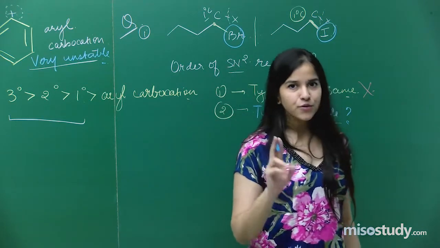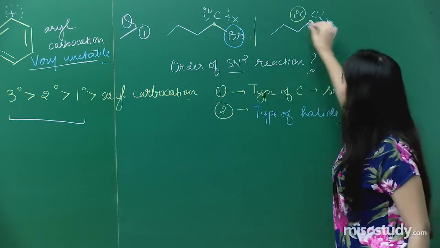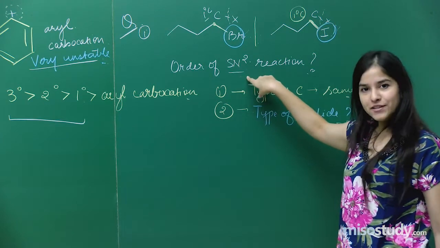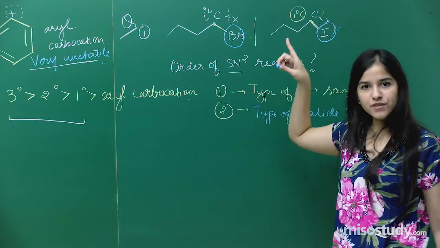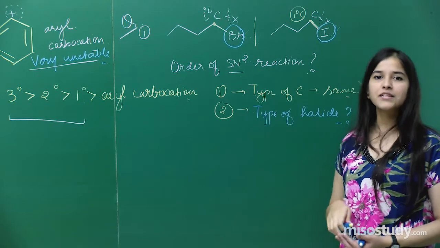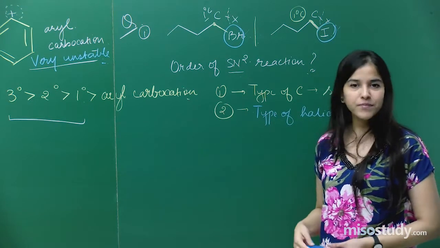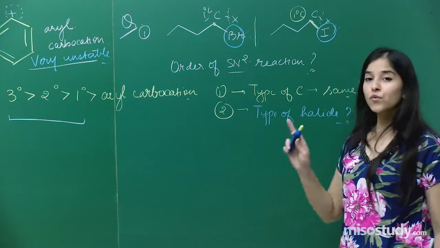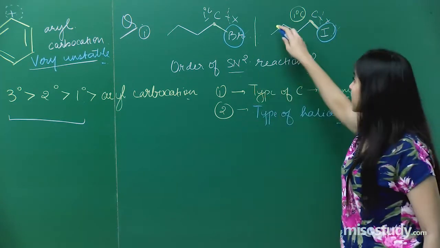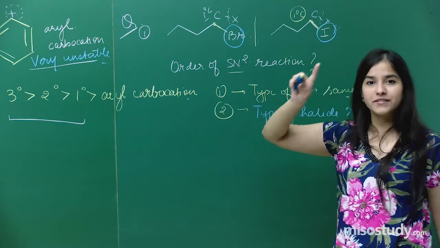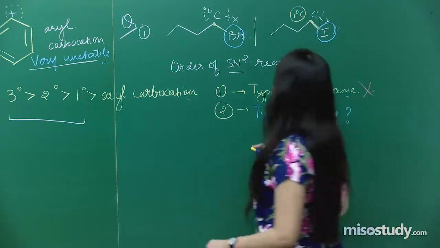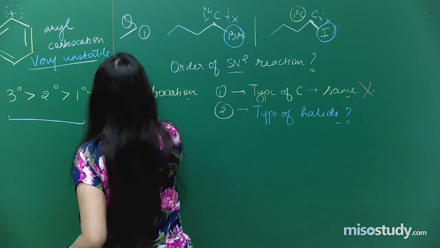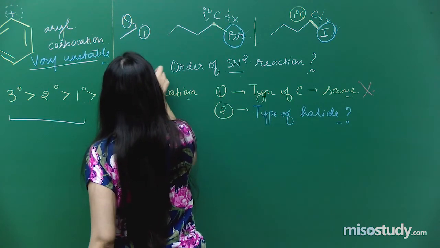Since these two halides will leave at some point of time after this SN2 reaction happens, I need to decide which one is the better leaving group, and then I'll confirm which of the two will give a higher rate of SN2. Fine. So is this the order of SN2 reaction? I can say the reactivity order, right?